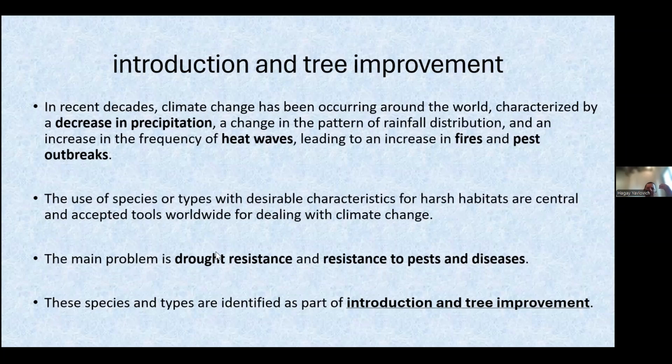The biggest problem we know is drought resistance, as I said before, and resistance to pests and disease.